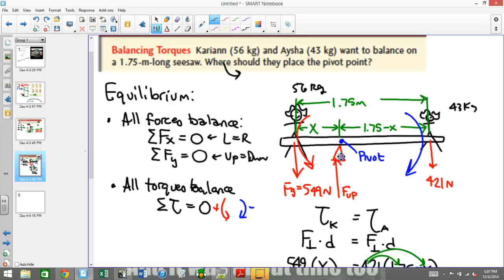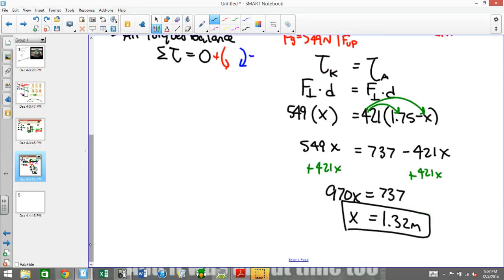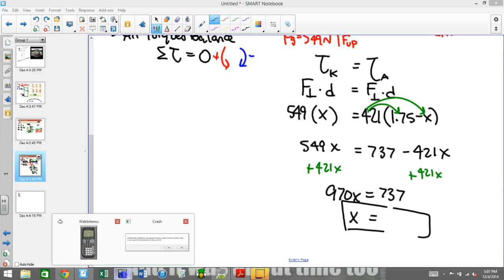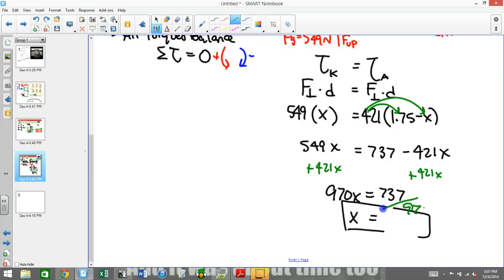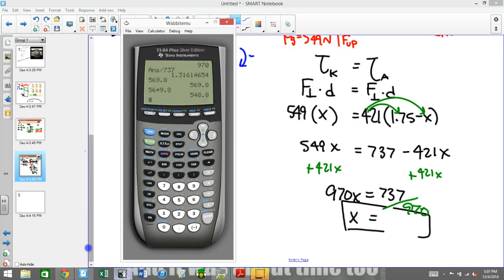So I know this number should be less than half of 1.75, which is 0.875. So I know this number's too big, and I think I figured out what I did wrong. Back here, I have to make sure I take 737 divided by 970. I'm sure you guys are sitting there watching me do this and saying, "Oh my gosh, he's an idiot."